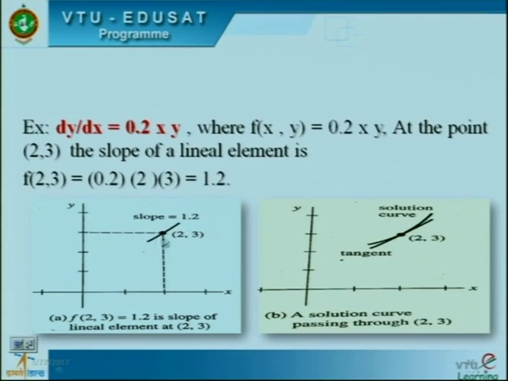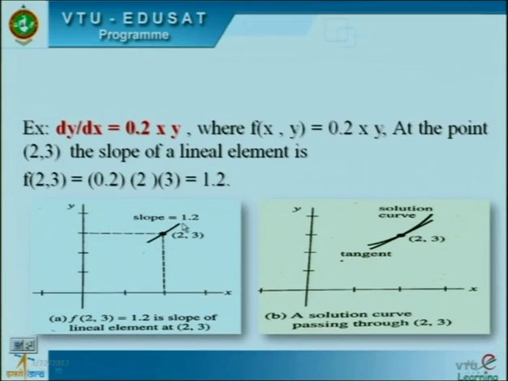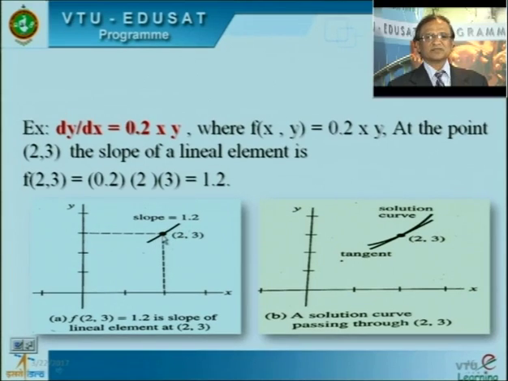So, in the diagram you will get a small line around this point. You can draw a tangent, and that we call the slope of a linear element. How do we calculate the slope f of x y? I have replaced x by 2 and y by 3, and simplified, and you will get 1.2.